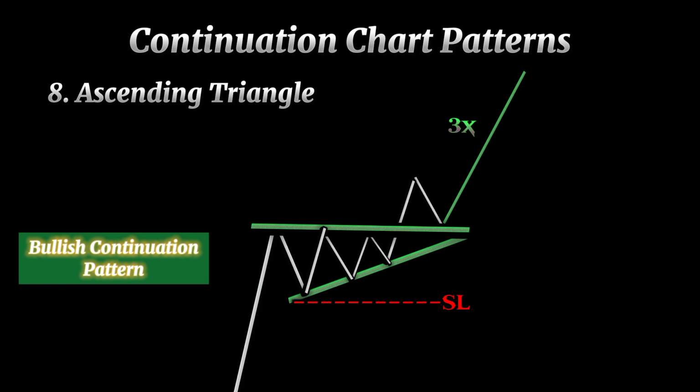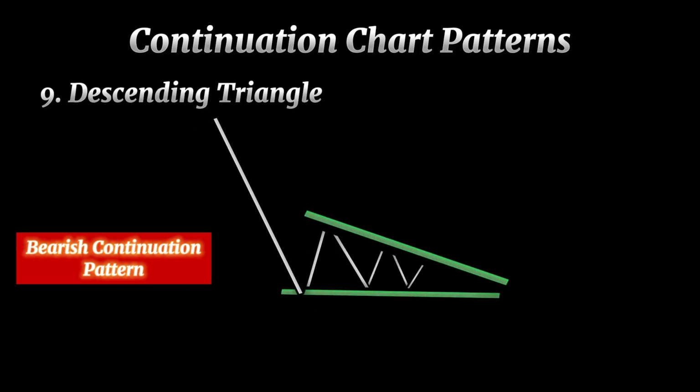The other pattern that finishes the continuation triangles is the descending triangle, which only has a bearish variation. In the descending triangle, the upper line is down sloping, and the lower line is horizontal. The progressive creation of lower highs signifies the imminence of a bearish market.